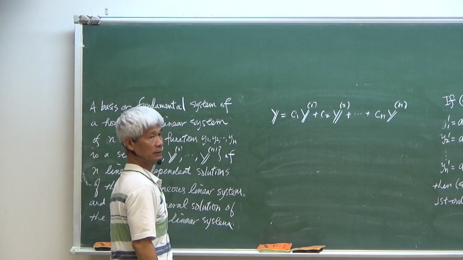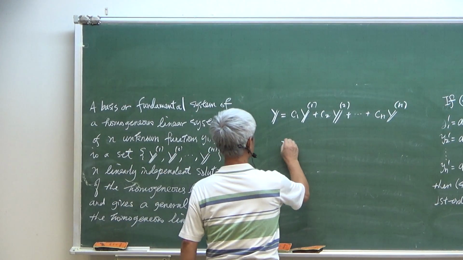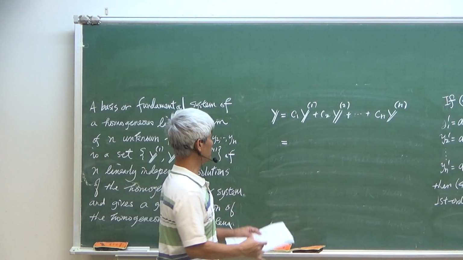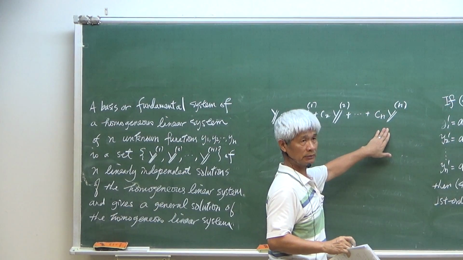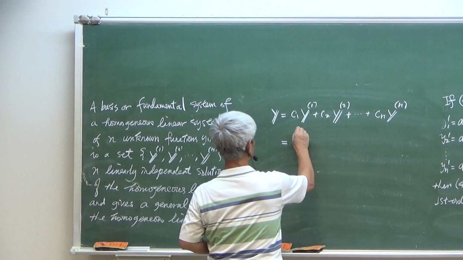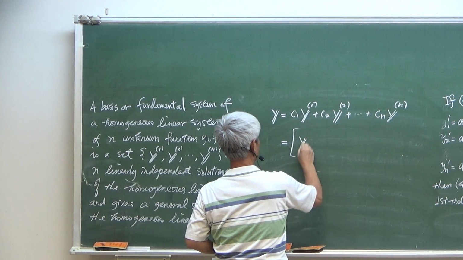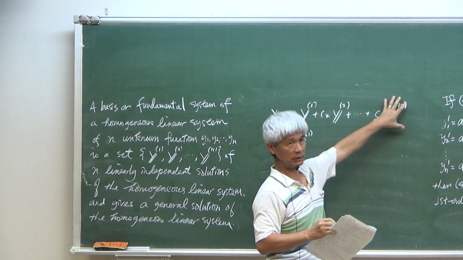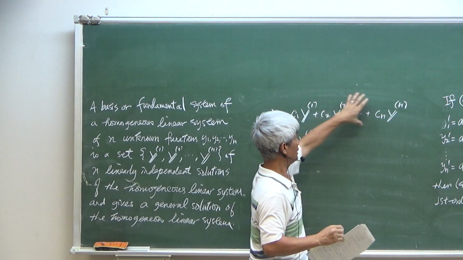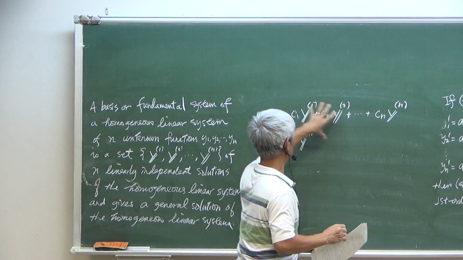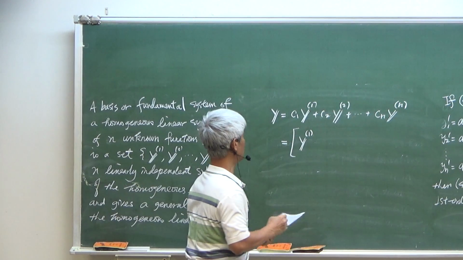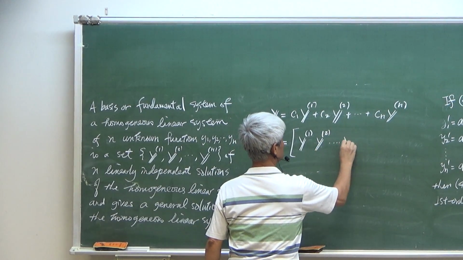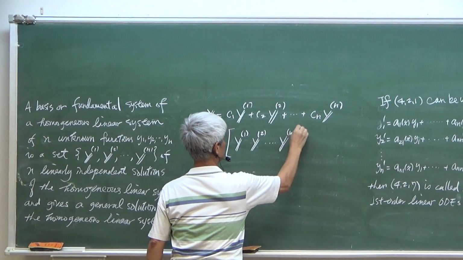And we can write this linear combination by matrix. How can we do so? Well, we can put all solutions, so we have n column vectors. This is the first column vector we put in the first column, second column, up to the nth column.